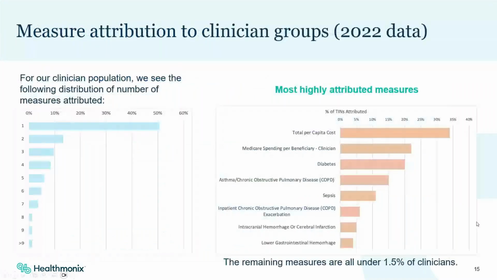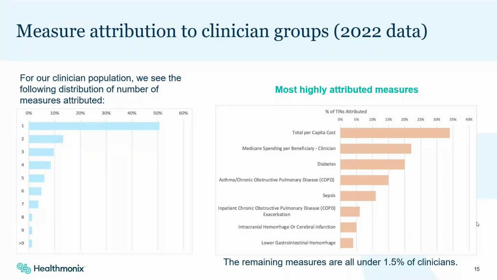Next slide, please. So here's a chart that we mocked up to show the attribution from the claims that we've looked at. So you can see here 50% of our users have one measure attributed, and then it decreases down there, and you see very few with more than 9, which makes sense.